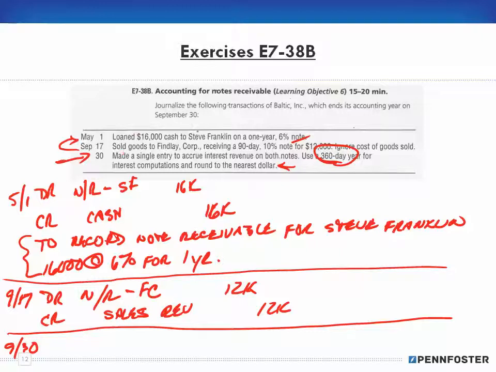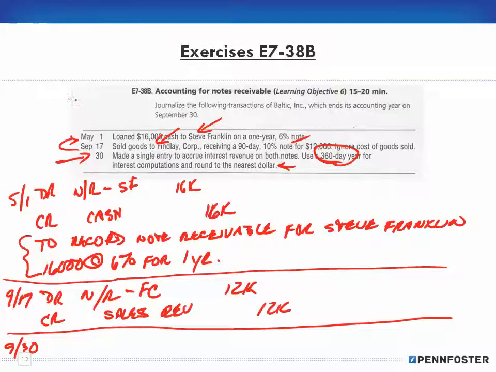Meaning we could have accrued the interest and made an entry for Steve Franklin, and then accrued the interest for Finlay and made a separate entry for that. But the two entries are going to be the same, so we could combine them together and just make one entry.